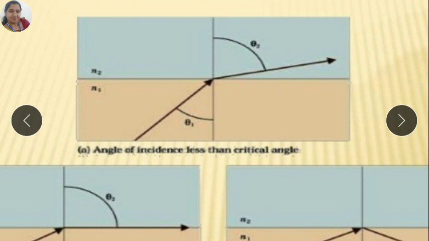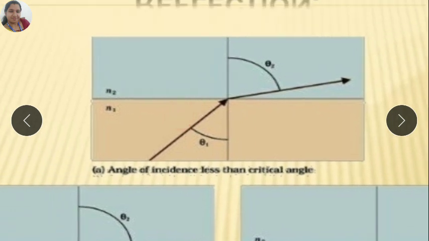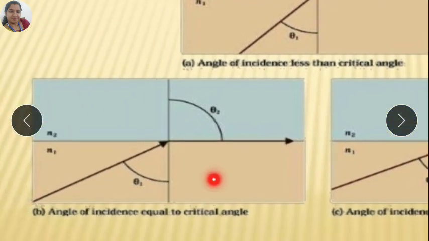This is the incident ray and this is the refracted ray. This is normal refraction.